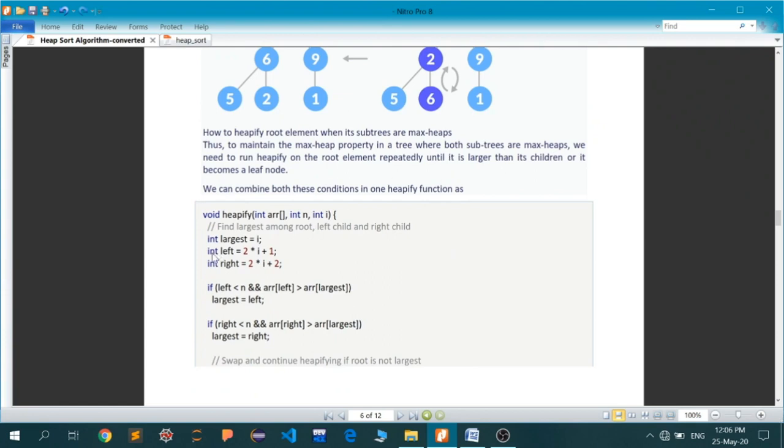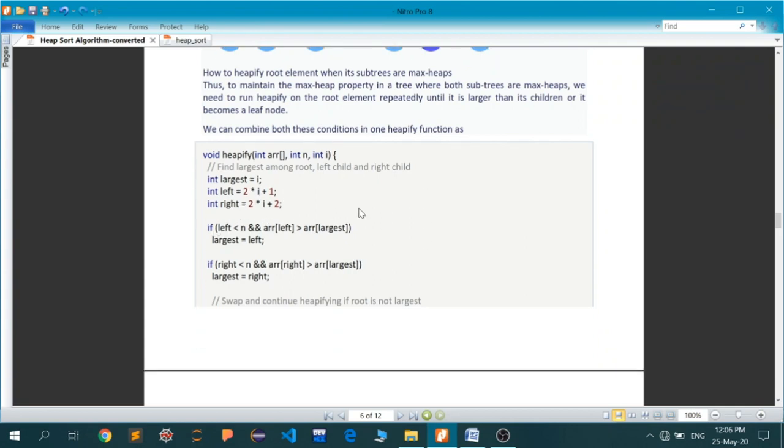Okay, so it will first assume that the root node is the largest. So I have assigned the index I as the largest. Then it tries to find the index of the left child and the right child. We have already done these formulas. And then it will check if the left index is still less than n.